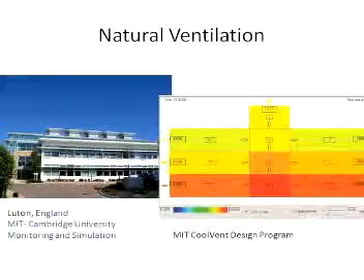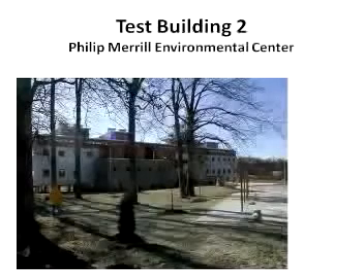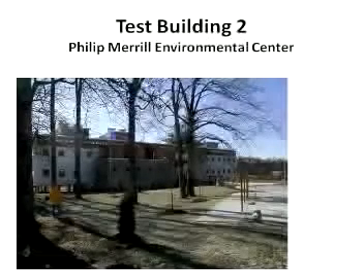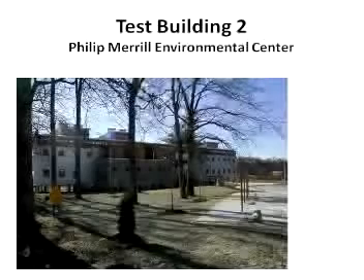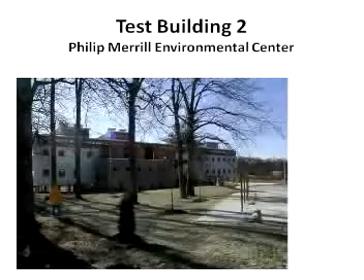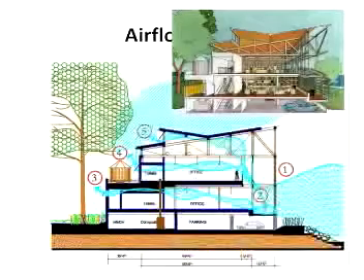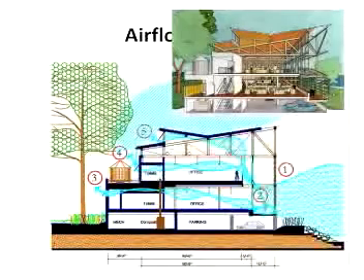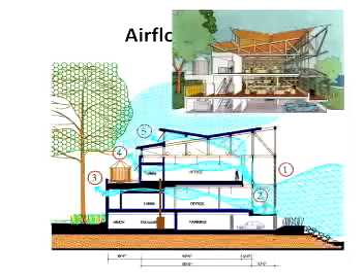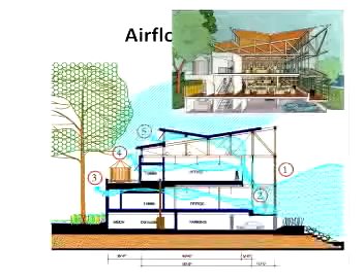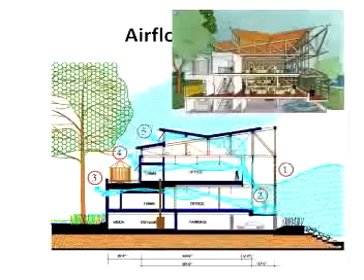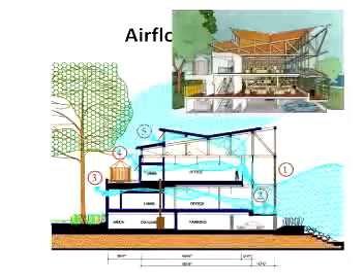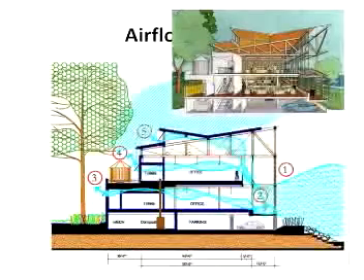So we've been trying to do some work to understand what happens in a naturally ventilated building and look at some good examples. This is the Philip Merrill Environmental Center from the Chesapeake Bay Foundation. And this is a building which has a dual mode system, which means that in the spring and the fall, when the weather conditions are proper, the windows and other openings in the building are opened, and as the artist's conception diagram shows you, they're open so in fact we can have flow of outside air from one side of the building to the other to provide comfort conditions.